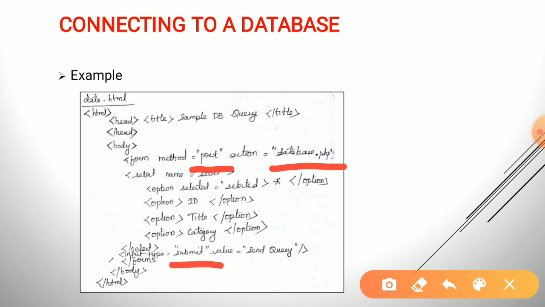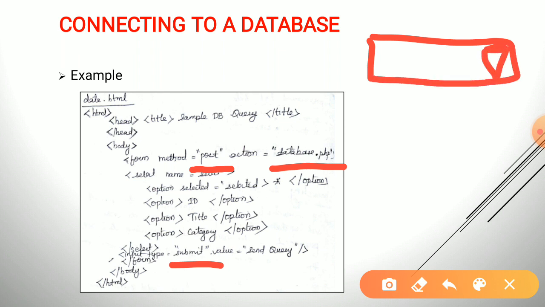Okay, and this form contains only a drop down menu and a submit button. So it contains a drop down menu like this. Okay, and what are the options? The options in this drop down menu are star, id, title, and category.